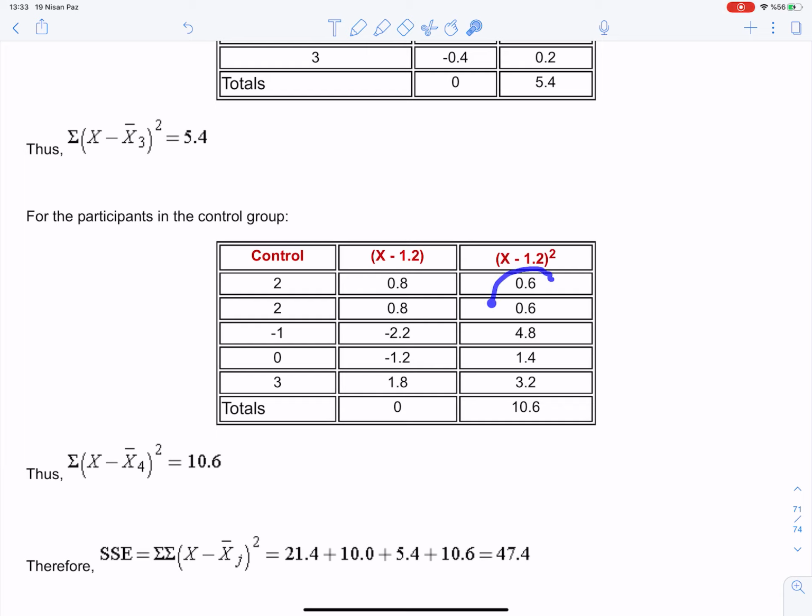Squaring all this and summing up, you get 10.6.